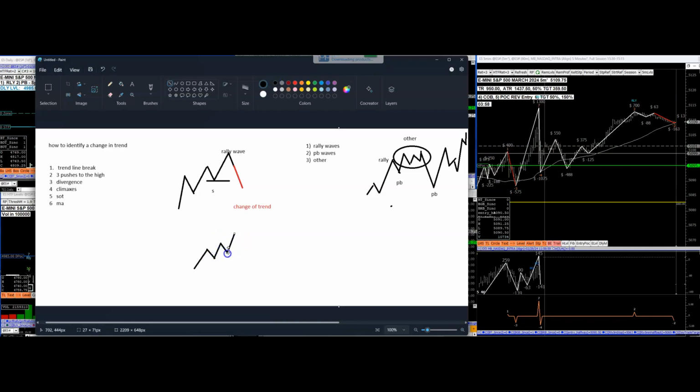You understand that whenever you have a rally wave, you typically have a breakout bar. These are widespread bars, right? So let's say you have that breakout taken out.